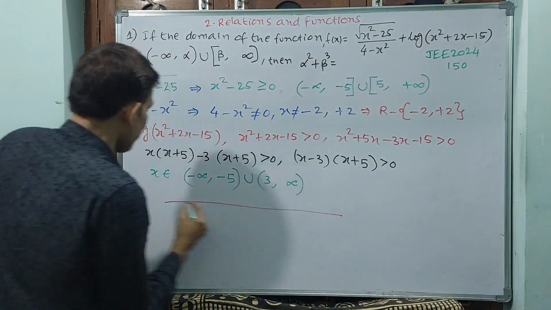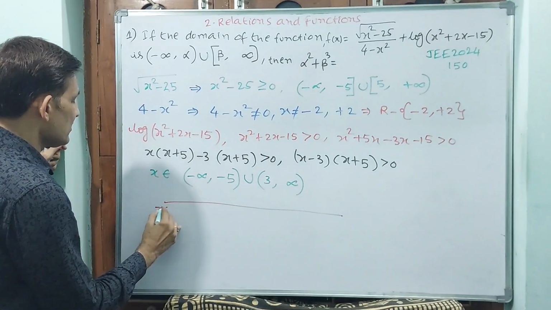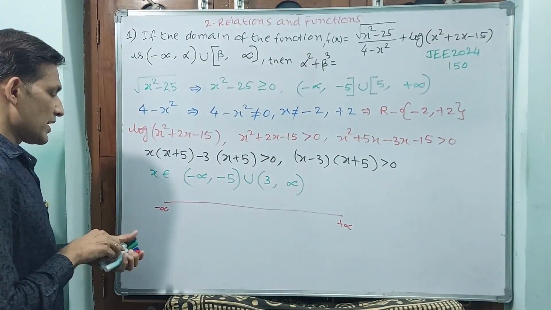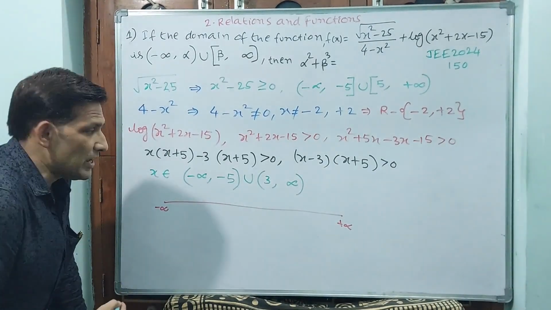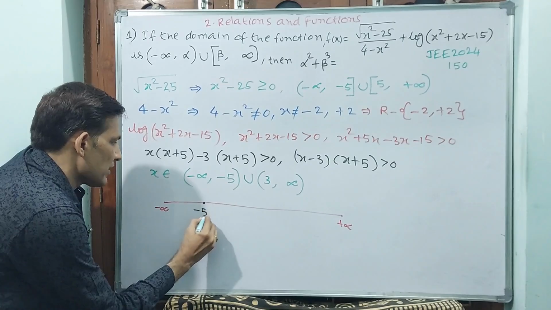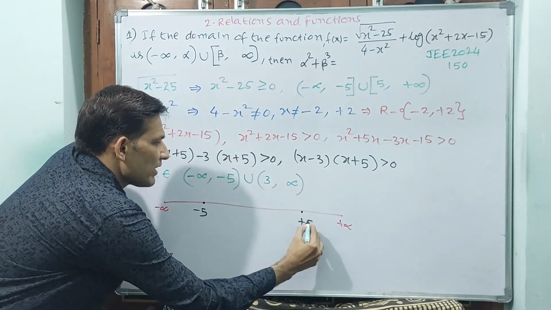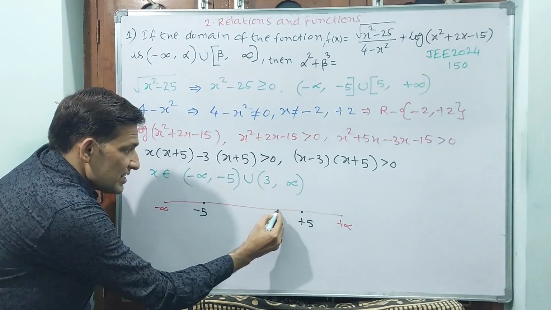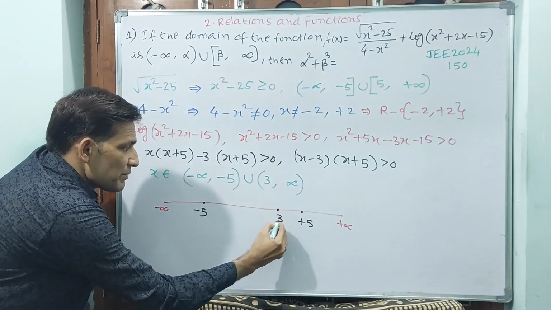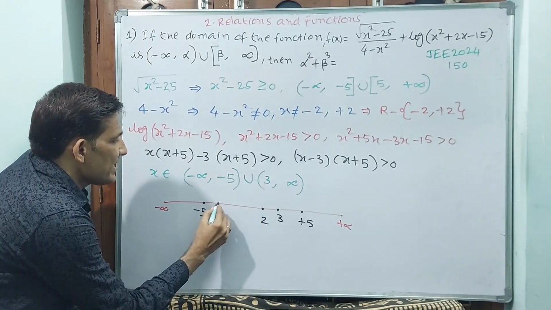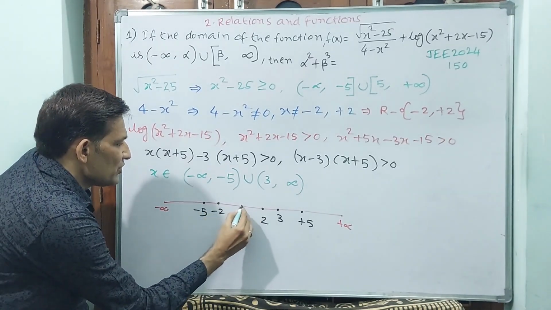Say this is minus infinity to plus infinity. Carefully I am writing. First, minus 5 and plus 5 are there. Here I will write minus 5, here I will write plus 5. Afterwards plus 3 is also there, here I will write plus 3, here plus 2, here minus 2, in between 0.